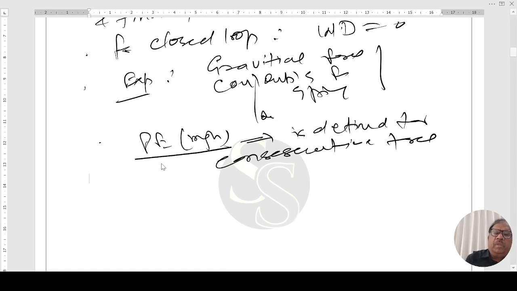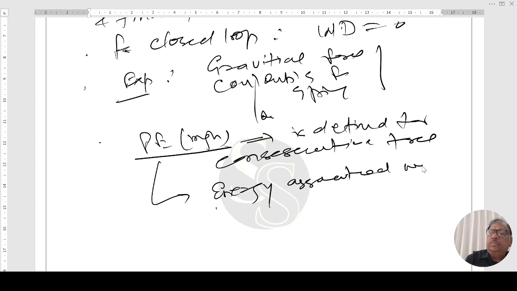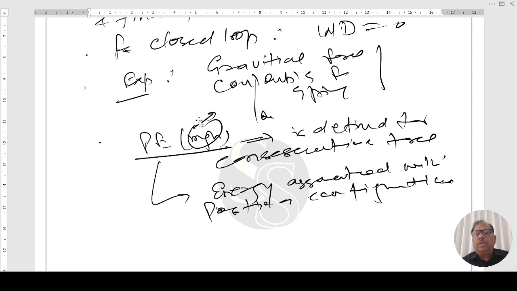The energy associated with position or configuration is known as potential energy. It can be mgh, it can be something else also, okay.